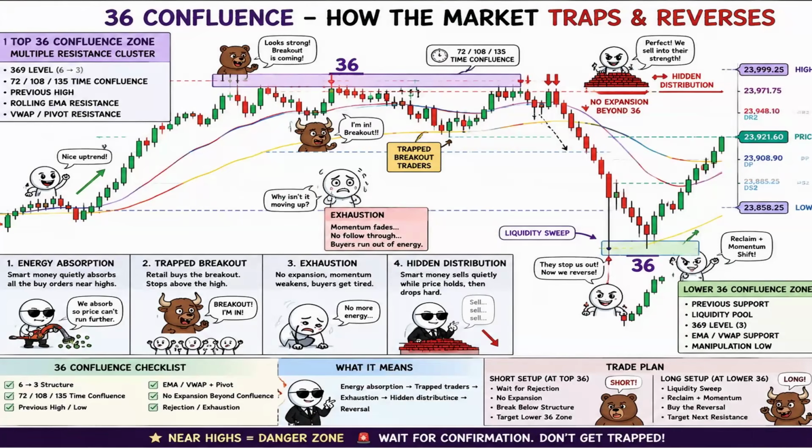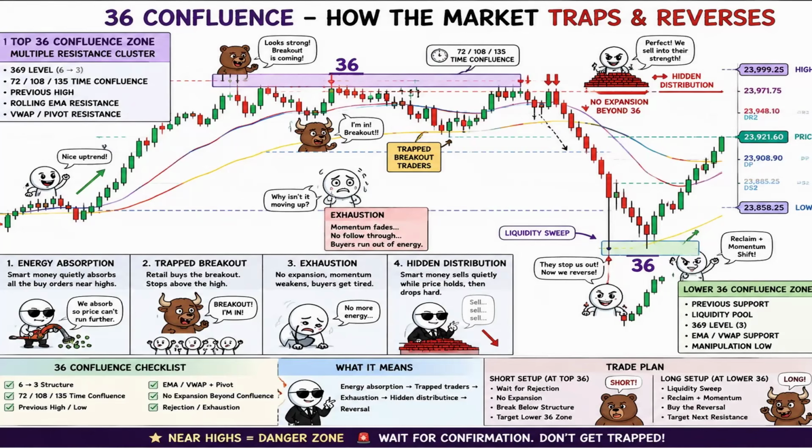Tesla once said, if you only knew the magnificence of the 3, 6, and 9, you would have a key to the universe. Now, I am not here to talk about mysticism. I'm here to talk about market structure.